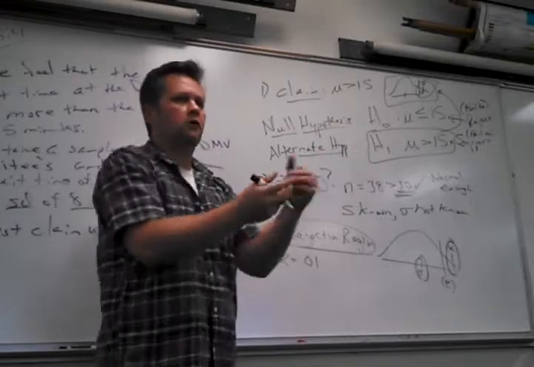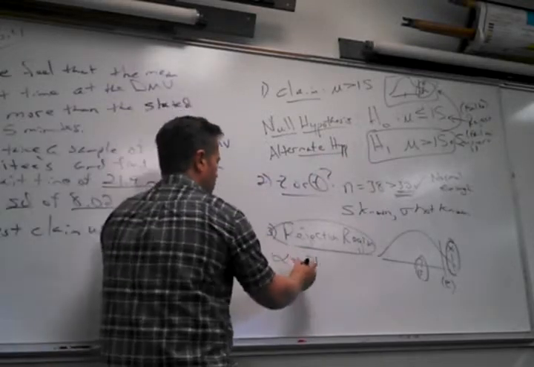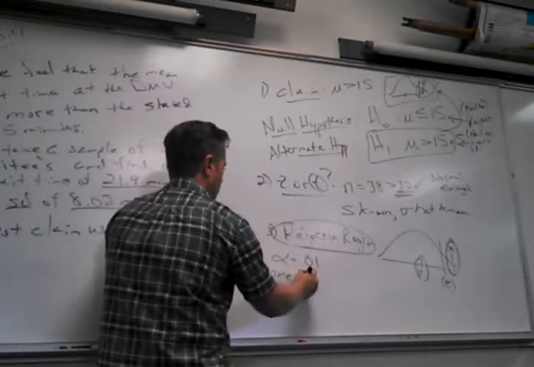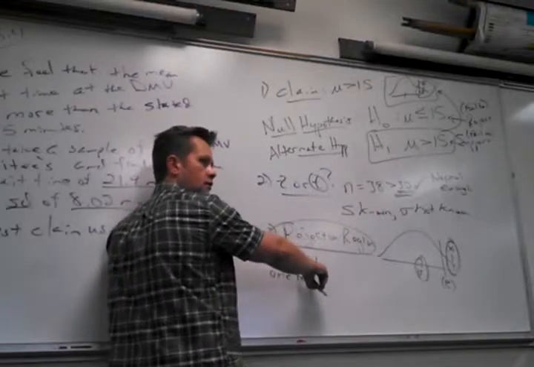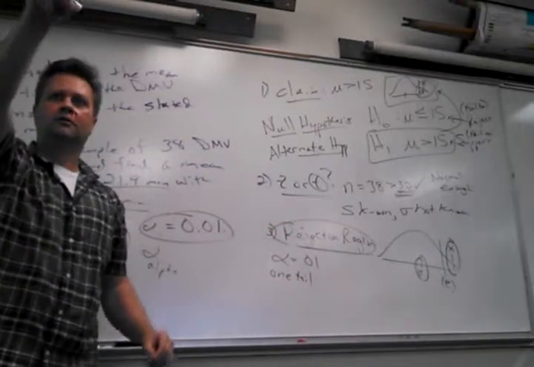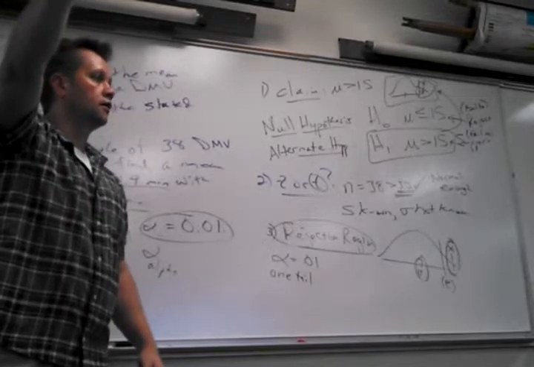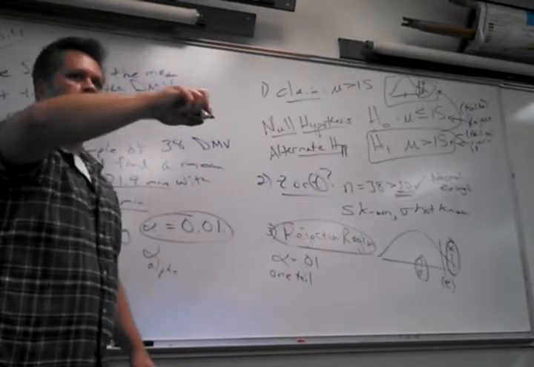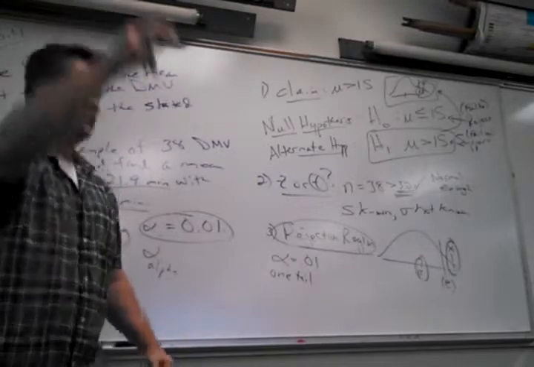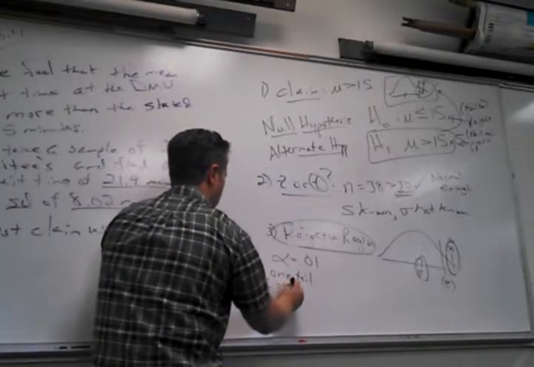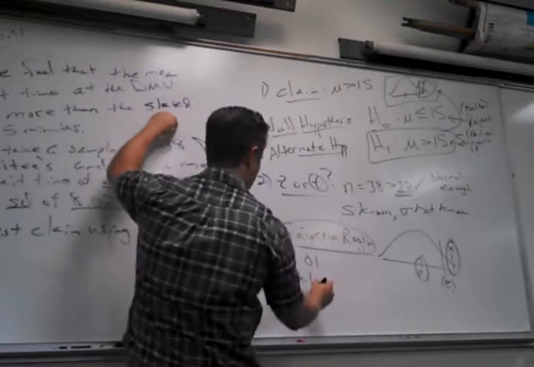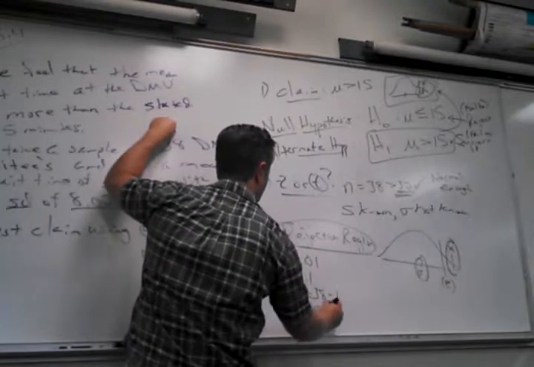Even if we needed a z-score, we can still use it. What else do I need? So I got one tail, 0.01, and how do you know where to stop? What do you need to figure out? Yes, good. N minus 1, degrees of freedom, which is 38 minus 1, 37.